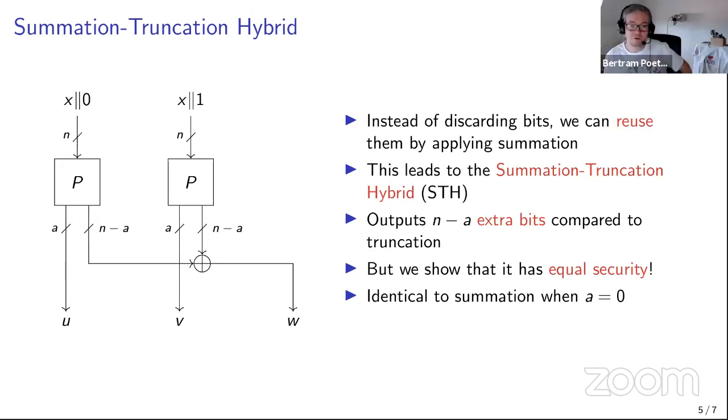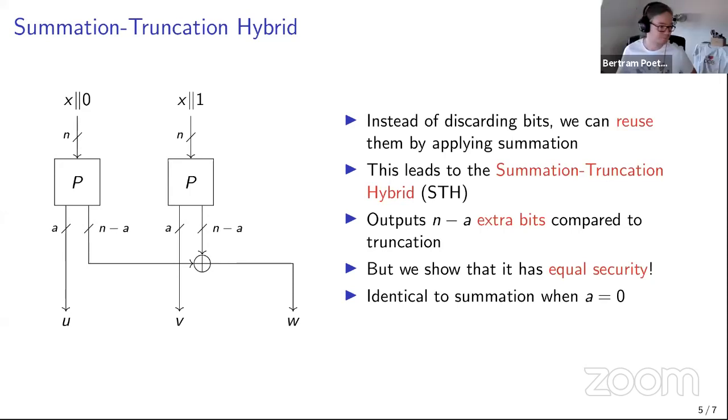Oh yeah, but in this picture, you do 2 invocations of P and you get n minus a extra bits for free. So my question would be, if you imagine you do 5 P, can you superlinearly scale the extra output? That isn't this construction, but you could also look at such a construction. But you can still call it for different X.